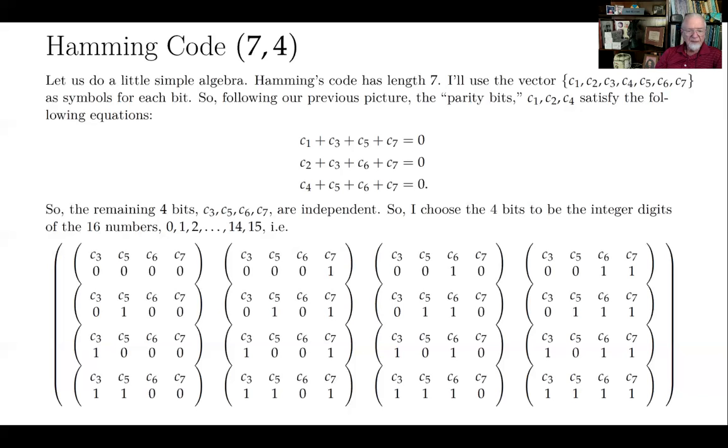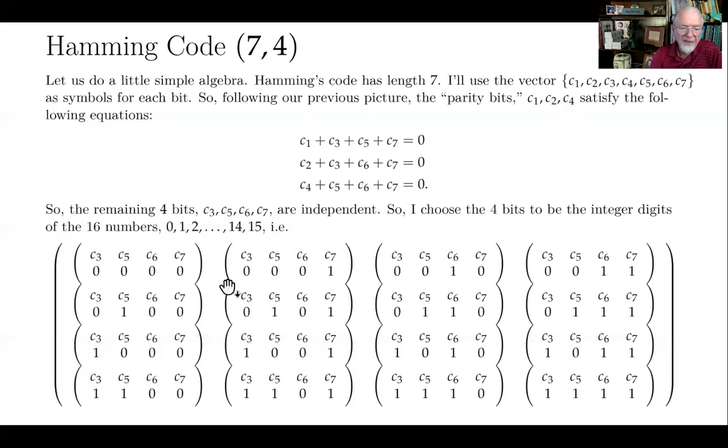So they could be 0, 0, 0, 0, or 0, 0, 0, 1, or 0, 0, 1, 0, or 0, 0, 1, 1, or 0, 1, 0, 0, etc., until we get to all ones. These are the binary representations of 0 through 15.